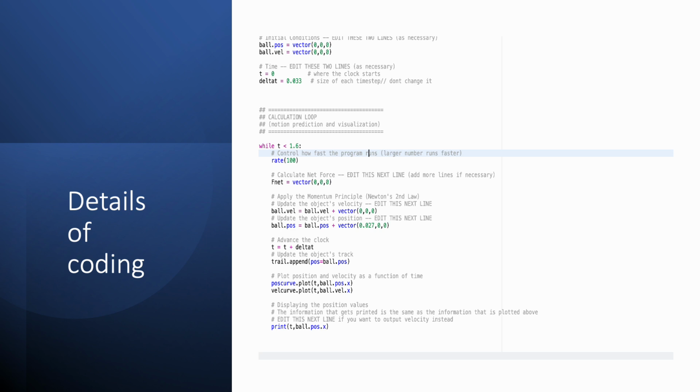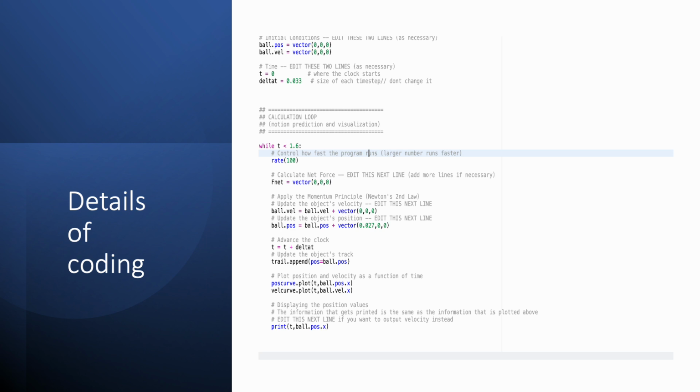In this slide here is my code in GlowScript using Python. So t is equal to 0 and delta t is 0.033 seconds, as that was the value I used in my tracker. And t less than 1.6 is the total time taken for the tennis ball to stop rolling. And the net force here is of course 0, as we assume that the ball is in constant velocity.